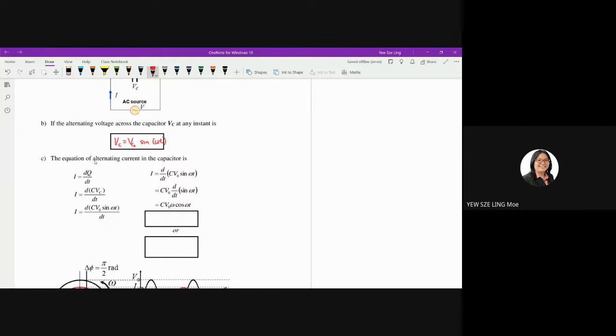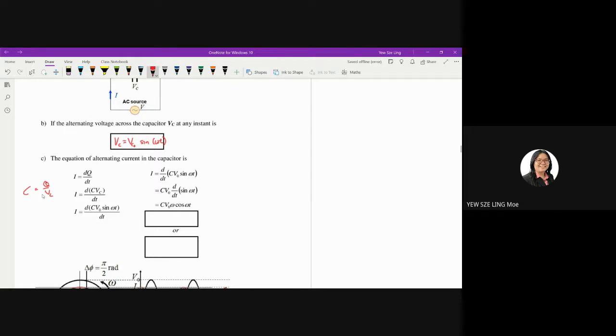So the equation of alternating current in the capacitor is I equals dQ over dt. According to the equations, C equals Q over V. We arrange it, and you obtain I equals d(CV) over dt. So VC right here, not CV, it's VC.